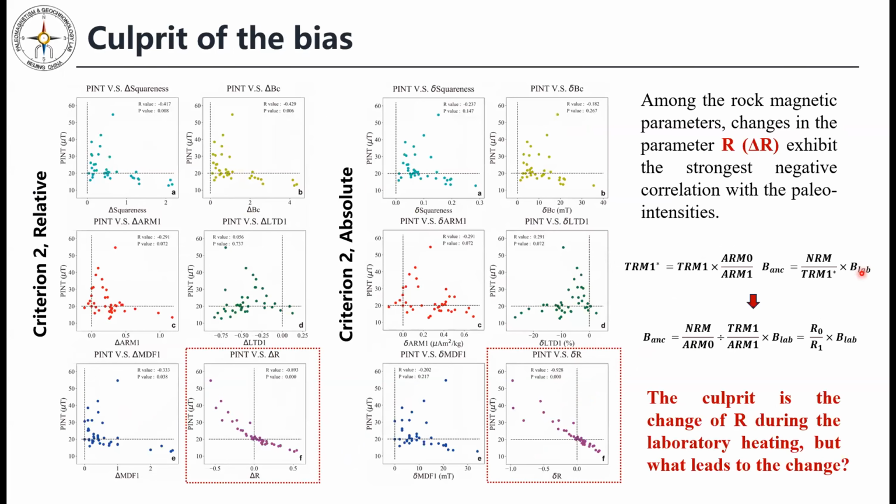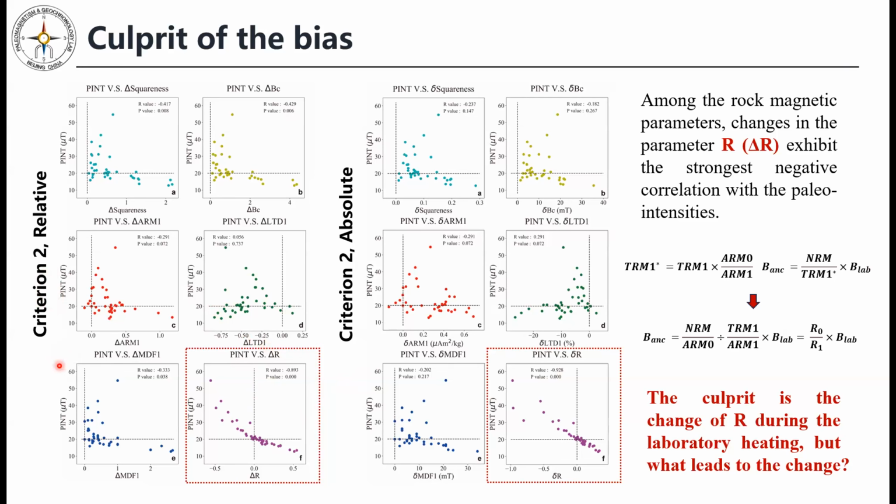And we can see here the different rock magnetic parameters. Among the rock magnetic parameters, changes in the TRM to ARM efficiency have the strongest correlation with the paleointensity result. This is consistent with our above-mentioned speculation.